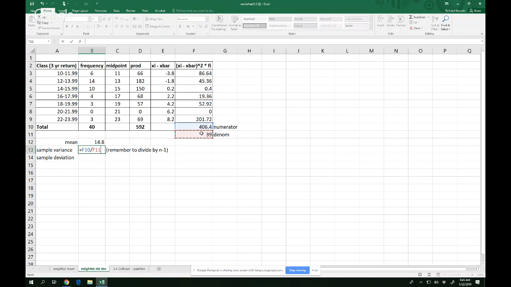That's 10.42. That's your sample variance. But then you have to square root it. For the final answer, the square root of my variance works out to be 3.22.